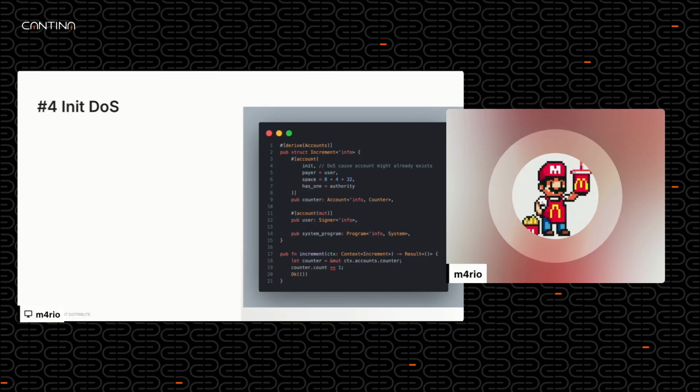This is called the init DOS attack vector, and it usually happens when you want to initiate accounts, but you initiate them when you perform a specific instruction. For example, in our case, we wanted to increment, and we initiate the account here.